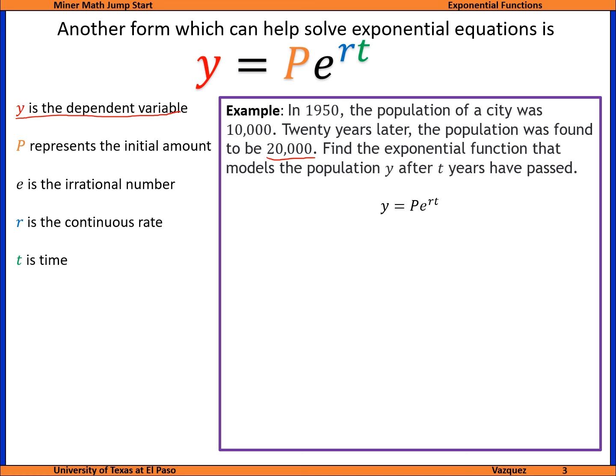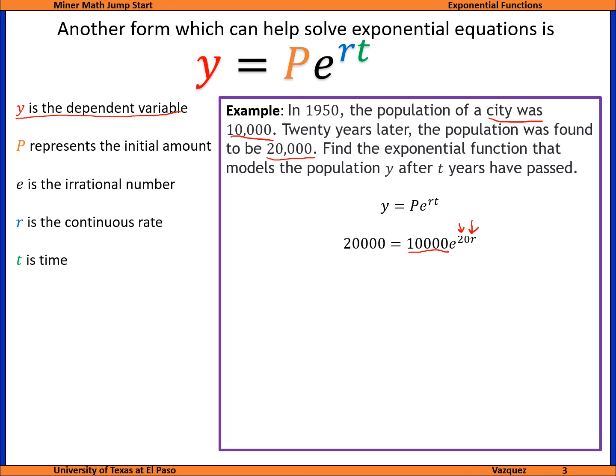The initial amount, the stated population in 1950, was 10,000. So we're going to go ahead and plug those in. Now r, we don't know r. R is the rate, that's what we're trying to model, and in this case, we'll solve for it. e, we don't have to solve for because it's already a number.